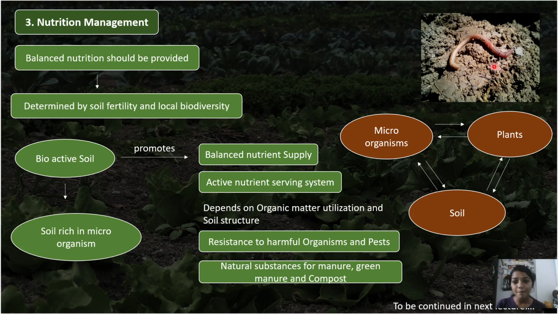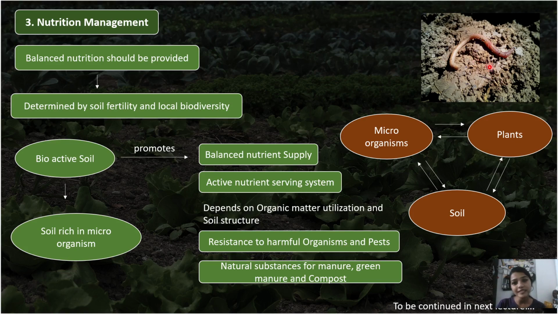The best example of an insect that ensures that your soil remains fertile is the earthworm. Earthworms are amazing creatures that help in breaking down matter, help in creating porosity in the soil, and help in releasing nutrients into the soil, which ultimately are utilized by the plant.